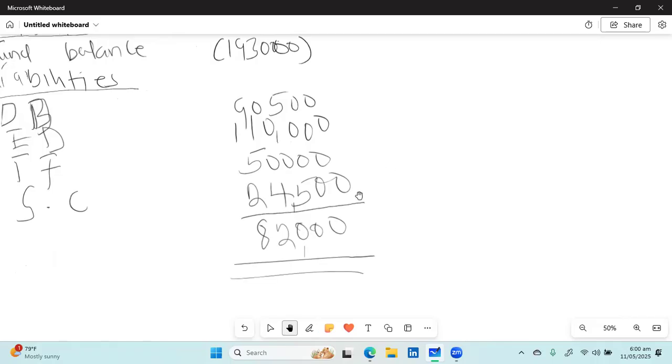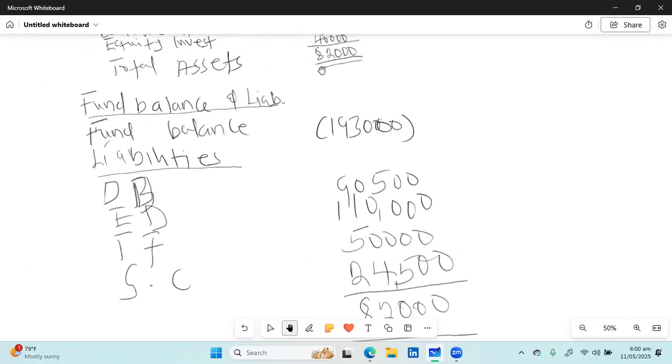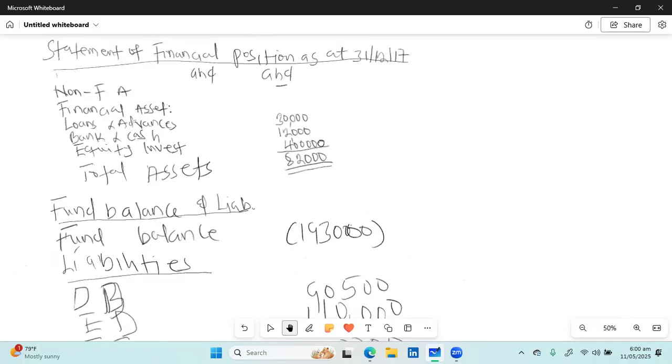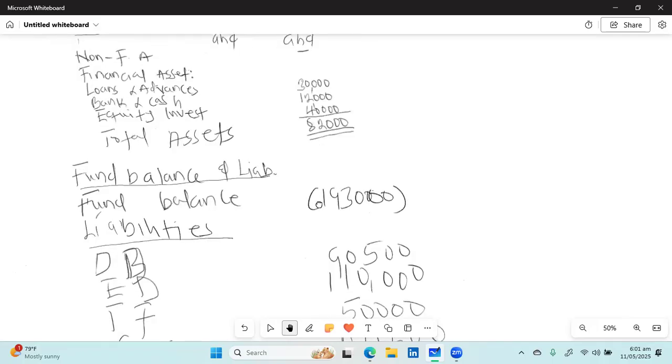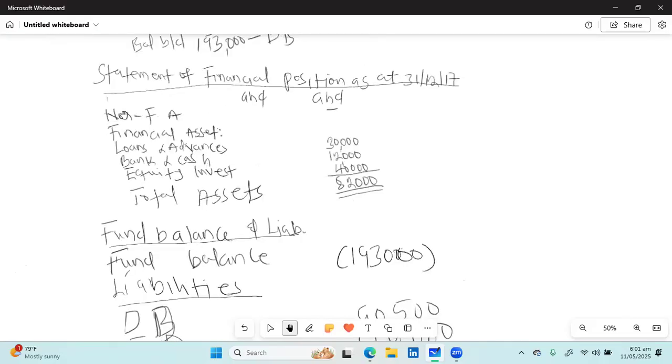All right. So here the focus should be on how you know the classification of the items. If the question has PPE, after taking all your depreciation, how are you able to know that it's a non-financial asset, then financial asset.